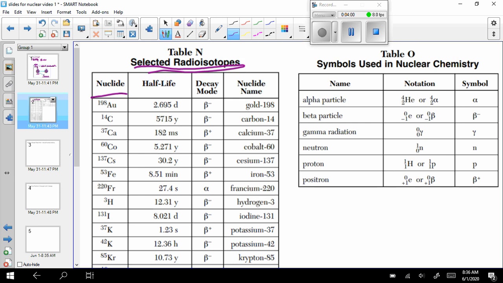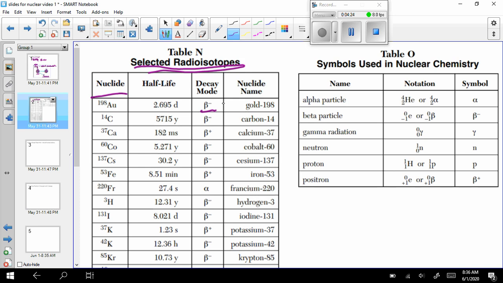So we saw an alpha decay. This one is B minus. I'll tell you what that means in a minute. And its name, so gold 198. So Au with a 198 up there is the same thing as saying gold 198. Okay, so now let's look at these decay modes, these particles. Over here in table O, it tells me different symbols that are used in nuclear chemistry.